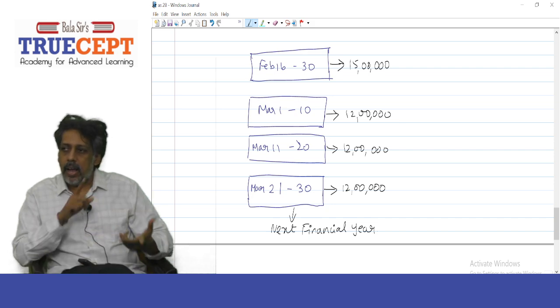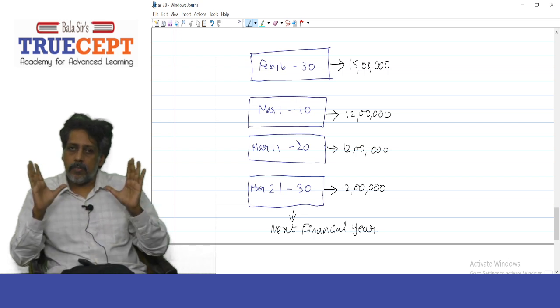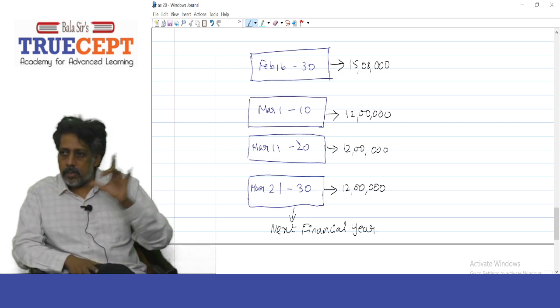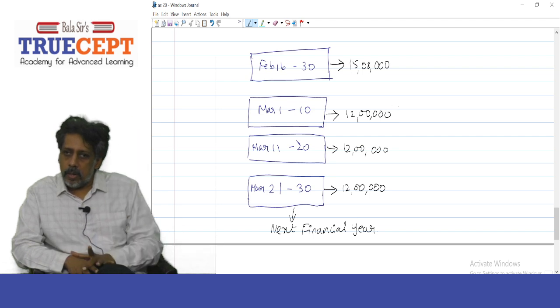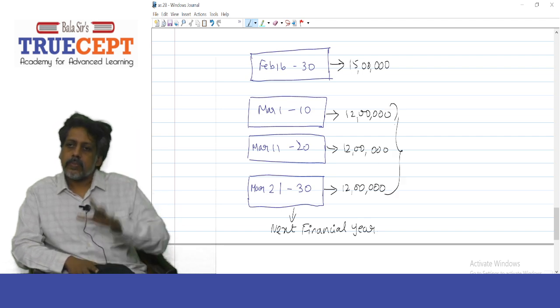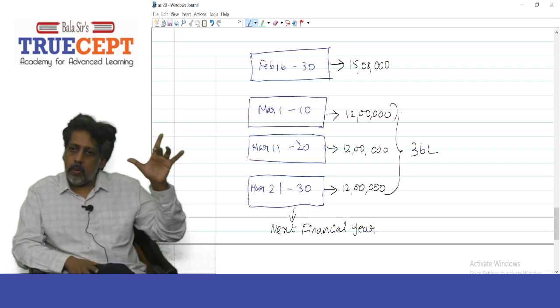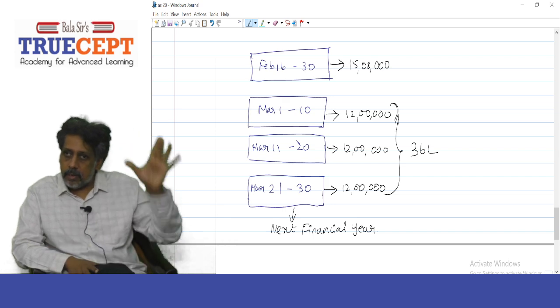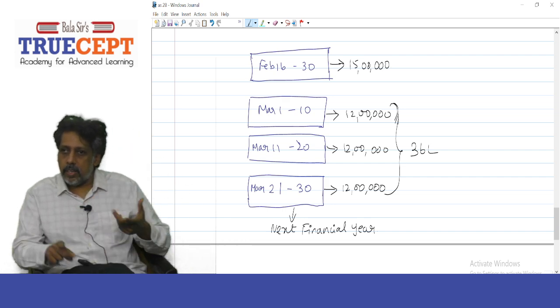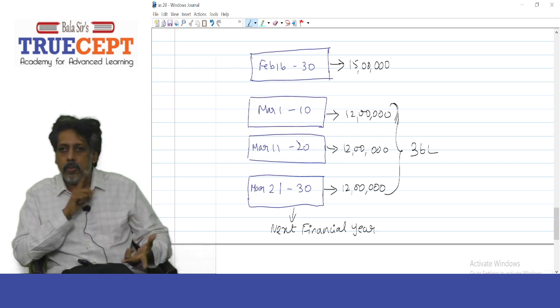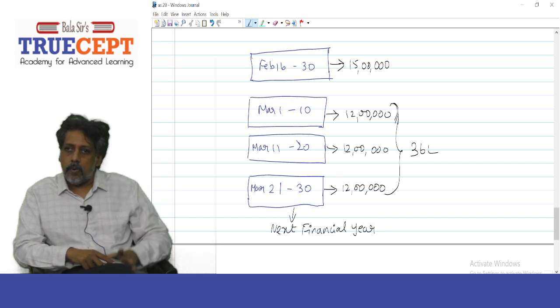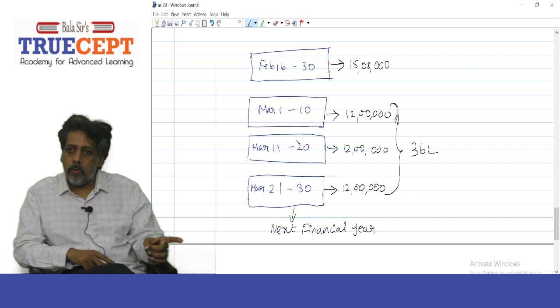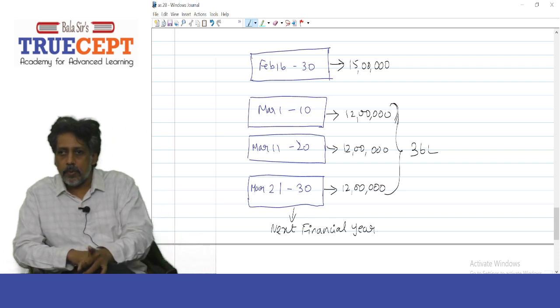Now, what is the average sales for a block of 10 days? 21 to 30, it is around 12 lakh, right? Yes, sir. And 11 to 20, that's March 11th to March 20th, another 12 lakh. March 1st to March 10th, it is 12 lakh. And then what about 15th or 16th of Feb to 30th Feb? Sounds weird, okay?